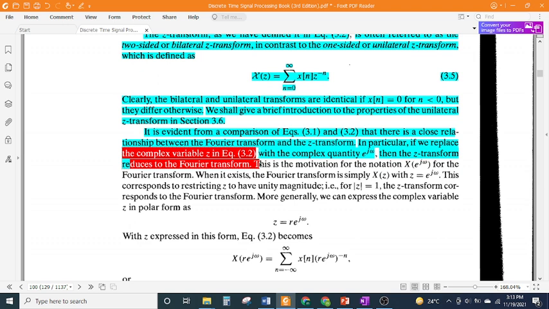For r = 1, Eq. 3.6 reduces to the Fourier transform of x[n].